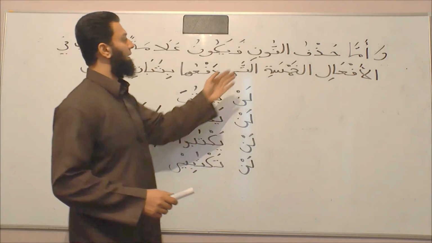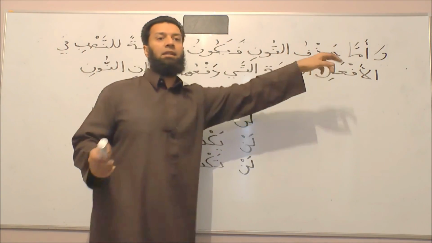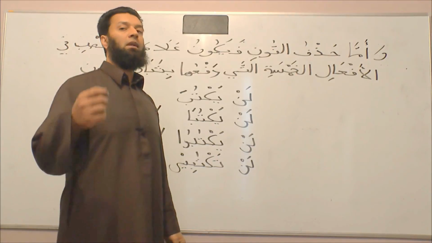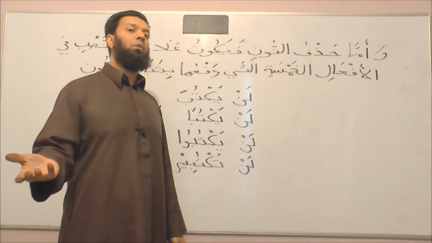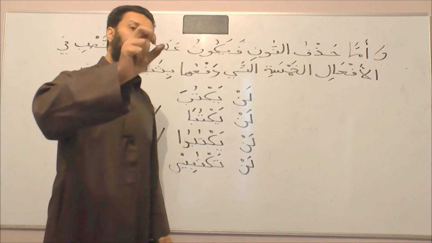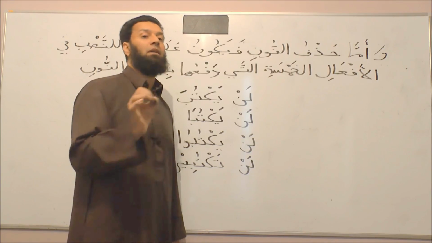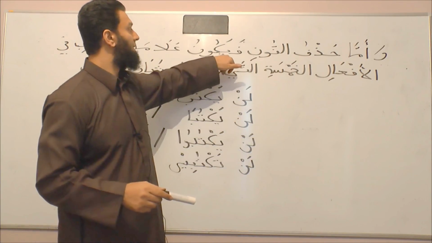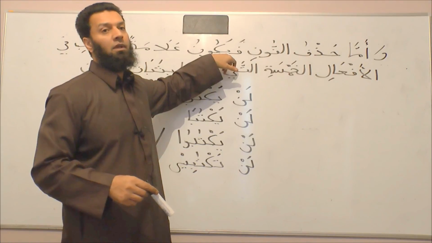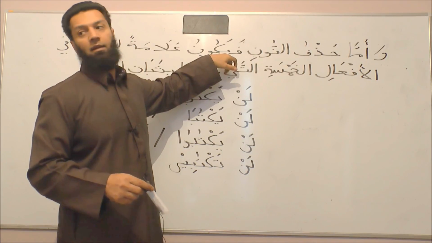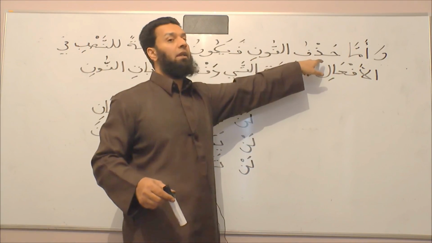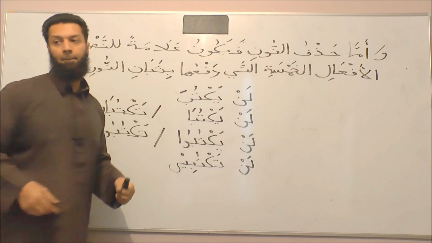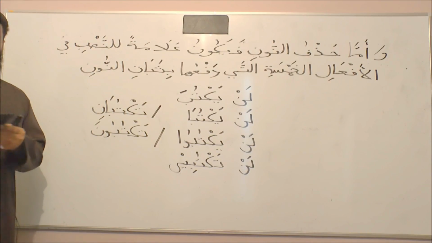In all the others it's been al-alif, al-ya'. That letter, al-ya' and al-alif, is female. So therefore it's takunu, she will be. Now we're talking about hadf, therefore it's he will be.